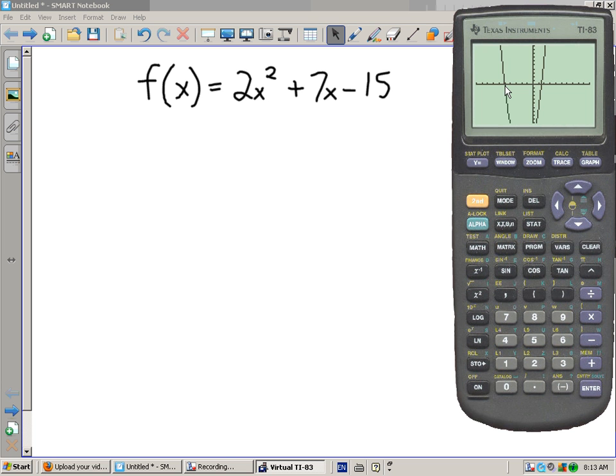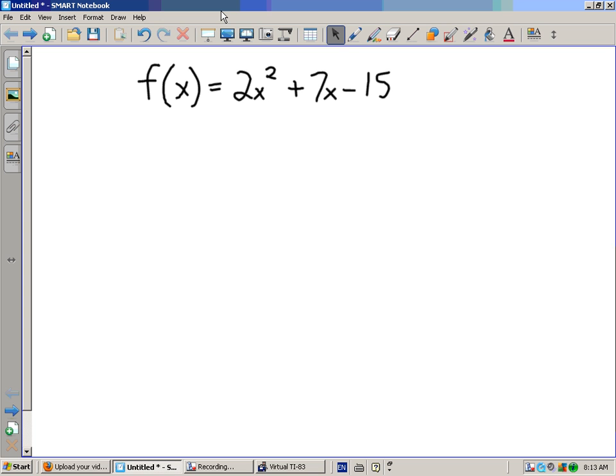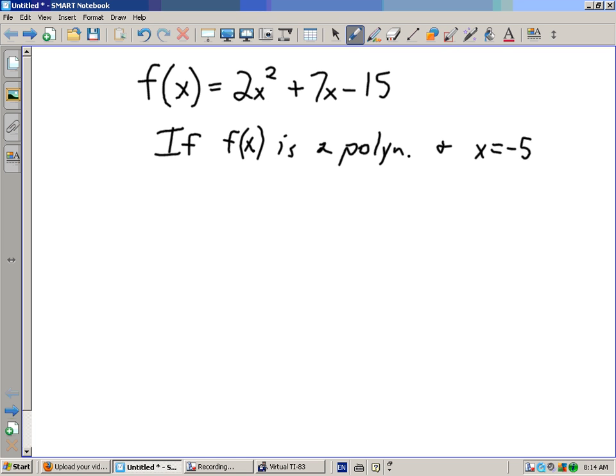But if this is a polynomial, and x equals -5 is a 0, then this tells us something very helpful for simplifying this out, and that is that x plus 5 must be a factor.